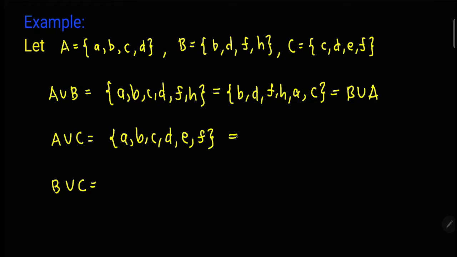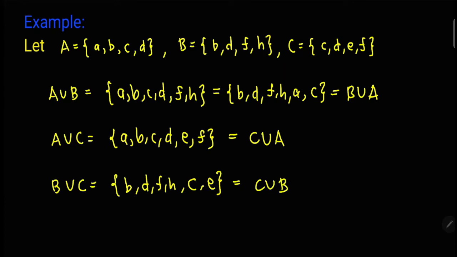Now, similarly, this can easily be shown to be the same as C union A. And finally, B union C: we list the elements of B, so B, D, F, and H. And then you get the elements of C. So that's C, D, D is already there, so including C, D, E, and then F is already in the set, so we close the set. So those are the elements of B union C, which can easily be shown to be the same as the elements of C union B.